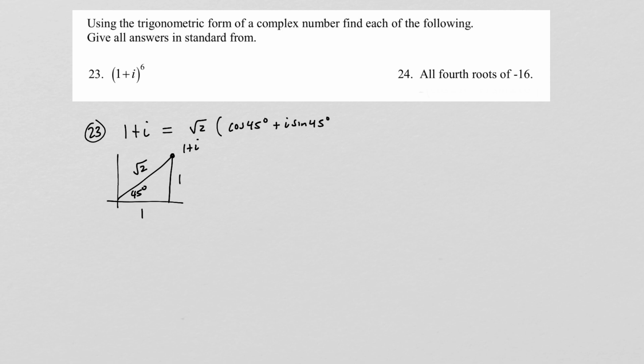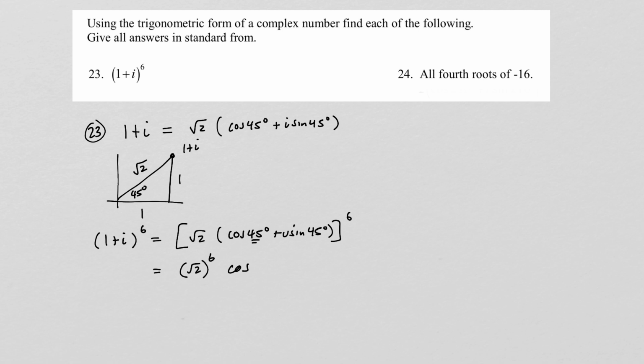So in trigonometric form, this is going to be the square root of 2 times the cosine of 45 plus i sine of 45. And now we have 1 plus i raised to the 6th power, which is the same thing as this complex number in trigonometric form, raised to the 6th power. And we know that to do this, we are going to raise radical 2 to the 6th power, and then with the angle, we multiply that by this number.